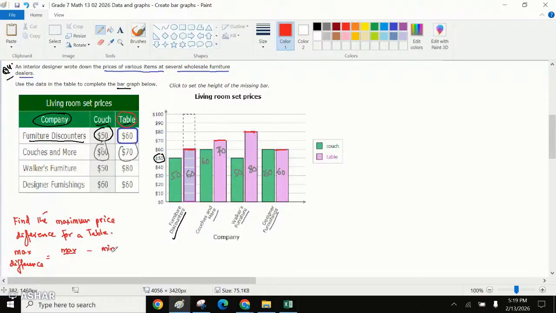The most expensive minus the cheapest. The most expensive was $80 and the minimum price was $60. That means $20 is the maximum price difference that we can find between these four stores when we're looking for a table, right?